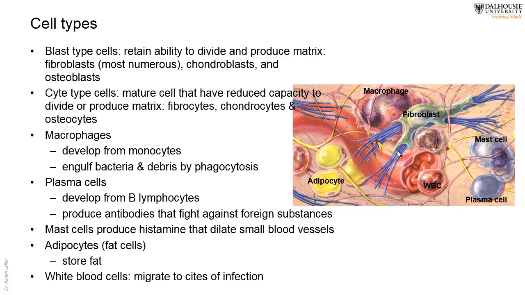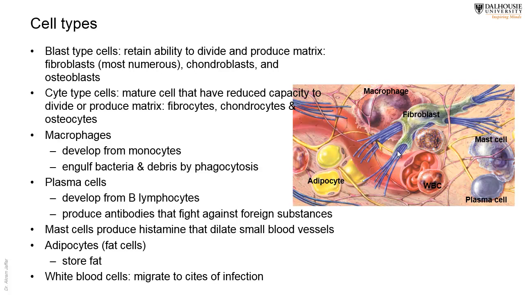They are located in the tissues, not in the blood. In the blood there are monocytes, and then these monocytes migrate to the connective tissue. They form macrophages, and these macrophages will engulf the bacteria and the debris.